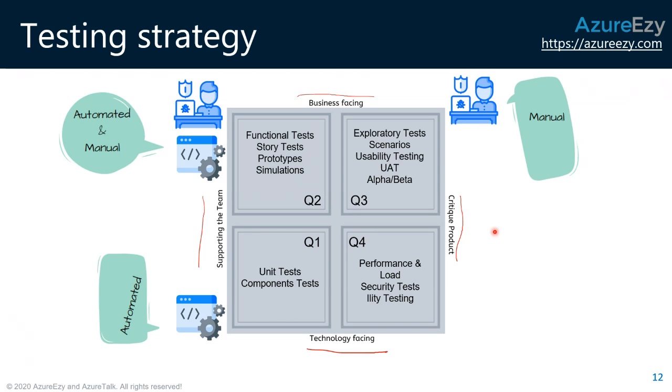Similarly, the last quadrant has performance, load, security, and ILT tests. As you can see, these tests can be tool based. You can have a load testing tool and a performance testing tool, implement those tools, and automate them, with a script or the tool doing that work for you.